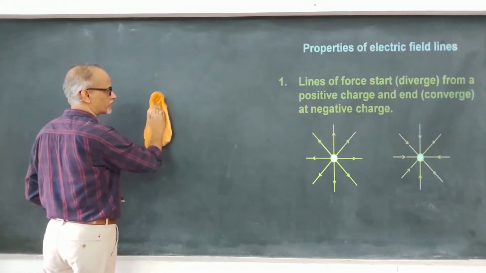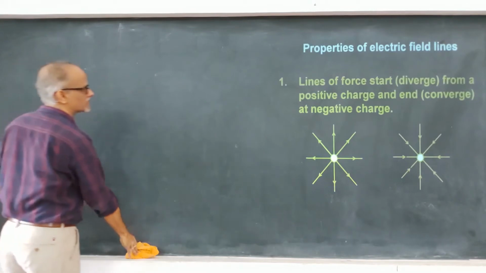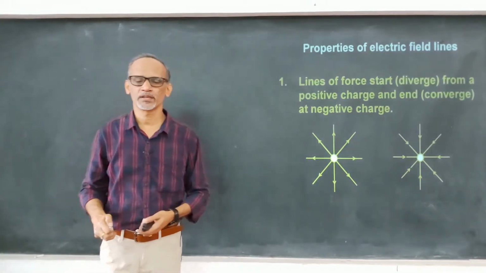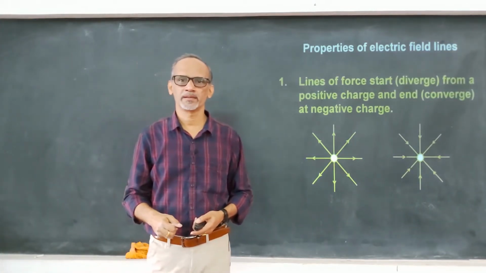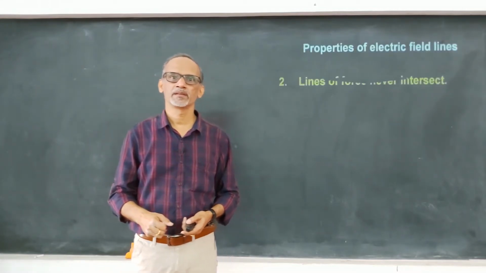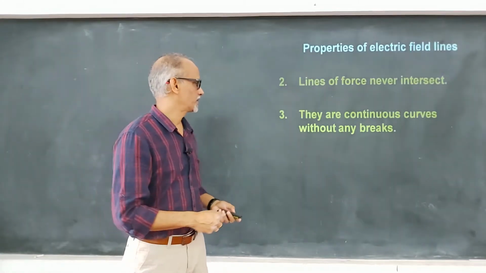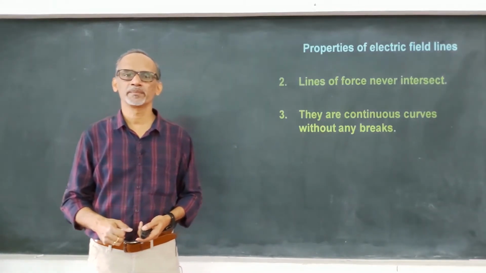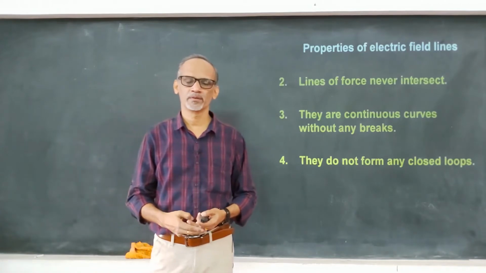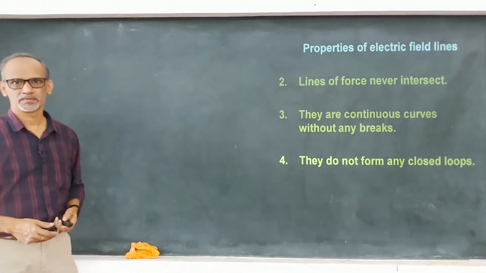So let's very quickly revise those properties. Property number 1, lines of force, they start from positive charge and they end at negative charge. The next property, they never intersect each other. The next property, they are continuous curves without any break. And property number 4, they do not form any closed loops.